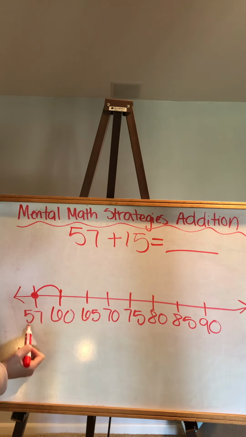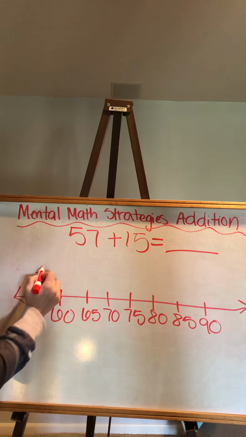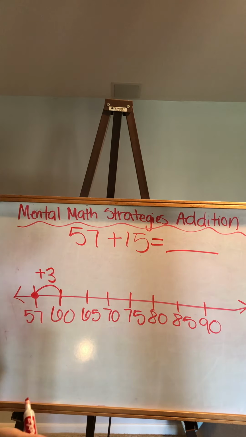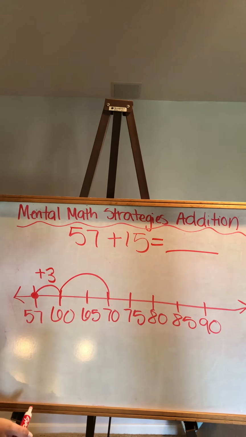Now, 57 to 60 is what? 3, so plus 3 here, okay? Now we still have how many more left? So, let's do a 10. So, 60 to 70, right?